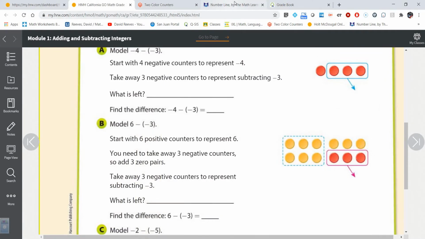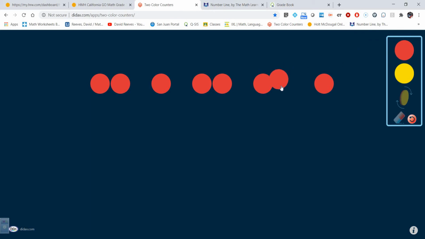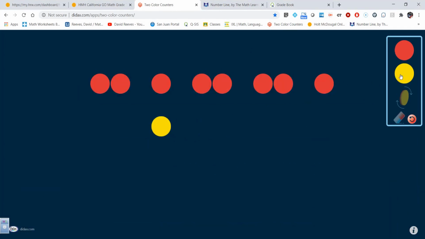So let's go back up, not to our number line, Mr. Reeves, but to our color tiles. Let's say I have 1, 2, 3, 4, 5, 6, 7, 8 reds. Let me actually do this, and I'm going to put in 2.